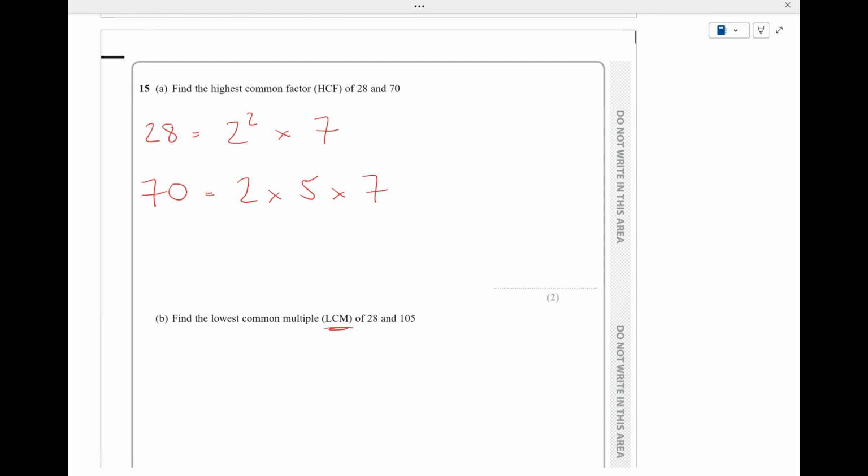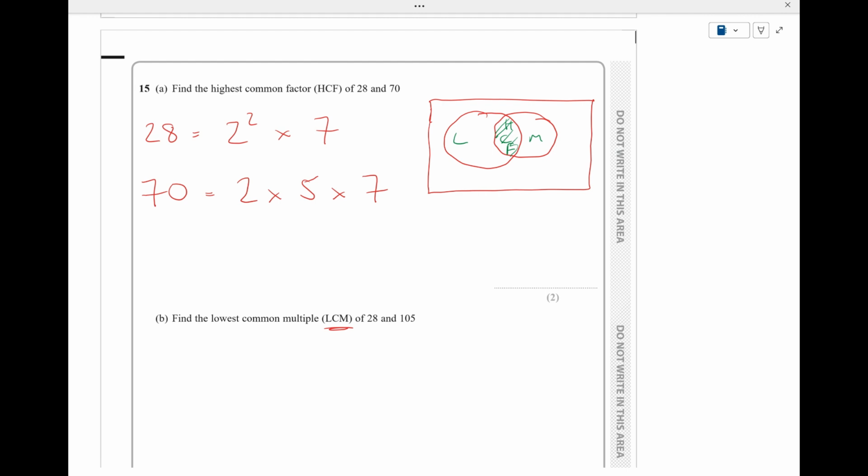Now, when I find highest common factors, and look, I'm about to find LCMs as well, I always remember this Venn diagram here. If I have one of the numbers here and the factors of the other number there, I remember LCM and H goes up high, HCF. So to find the HCF, it's going to be those ones.